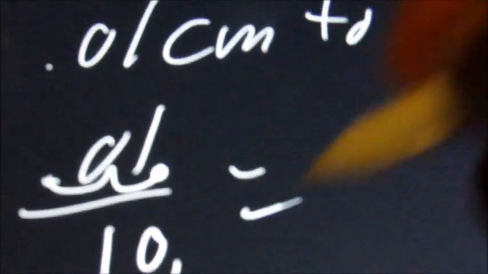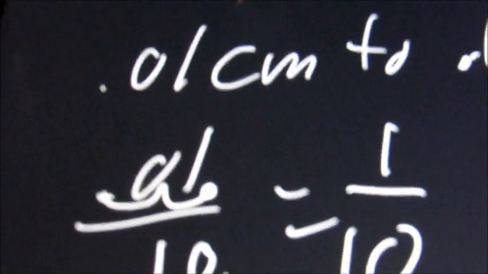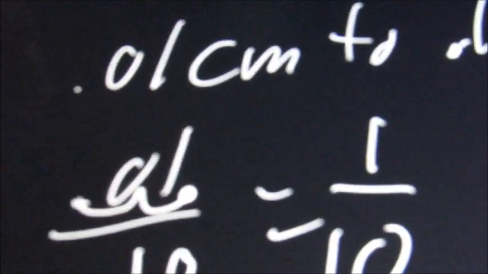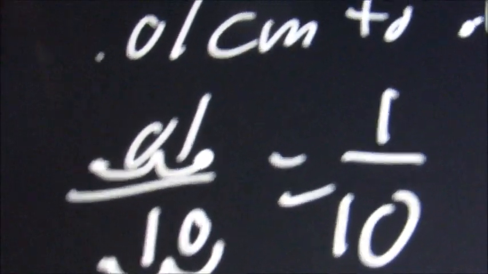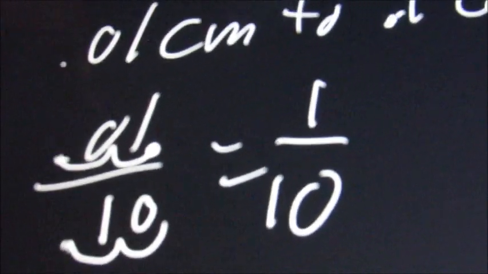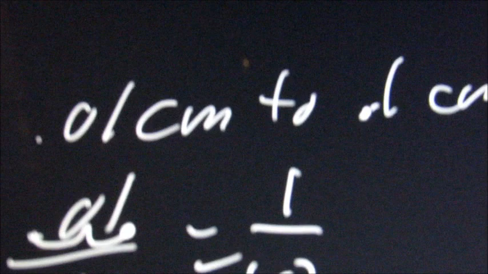Since we moved it over 2 here, we also have to move it 2 here. So it's 1, 2, so we'll have to put a 0 there. And this now will become 1 over 10. That, I think, is probably the hardest one here: once you do your fraction, you have to make sure there are no decimals by moving the decimal over so that there aren't any.